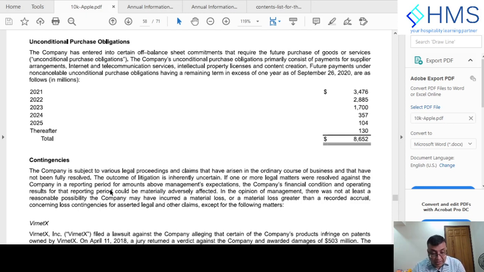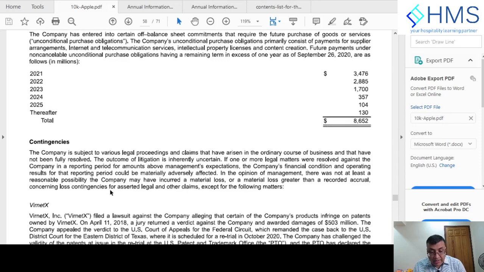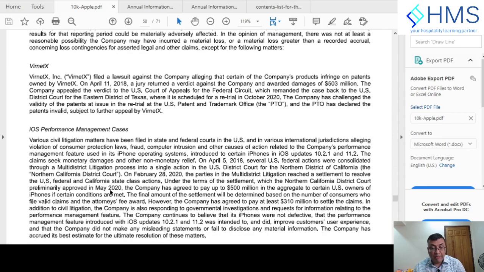Then you have contingencies. So there are details of a lawsuit which is happening. Vimet X has a case against the company alleging certain of the company's products infringe patents owned by Vimet X. The jury has already returned a verdict against the company and awarded damages of $500 million.